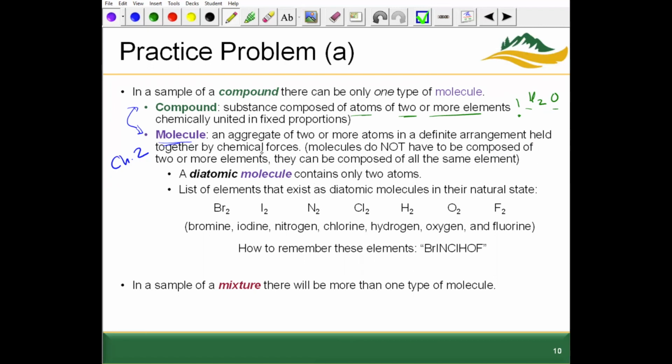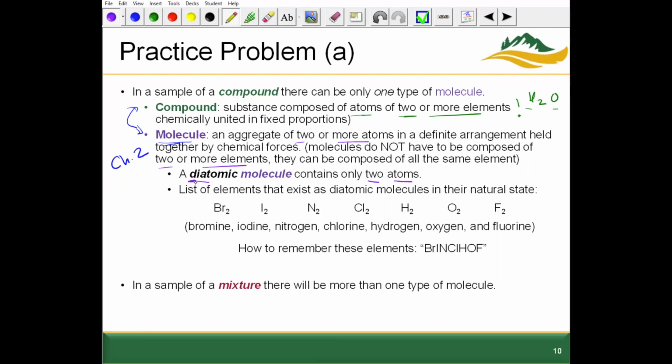So a molecule is an aggregate of two or more atoms, okay? So similar to a compound. However, a molecule does not have to be composed of two or more elements. So we can have diatomic molecules where they're composed of two atoms.